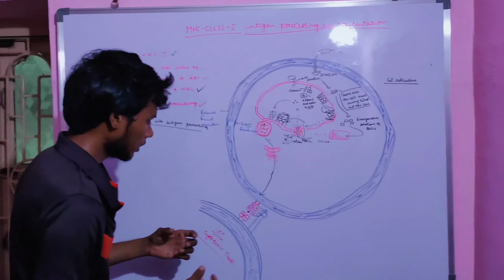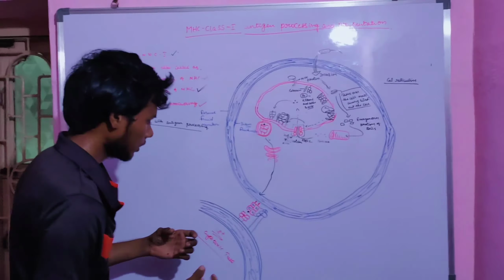When confirmed, the MHC molecules of CD8 positive cells will get attached with these MHCs, and some little crosstalk also occurs. Then the fragment is shifted to the cytotoxic CD8 positive receptors, and it releases chemicals or cytokines.